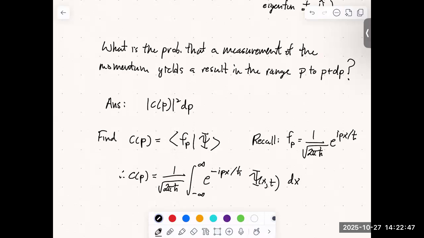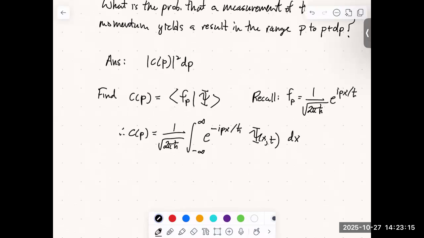And if you look at this, this looks just like the Fourier transform. So we have a function of x, and then we have some exponential involving momentum and x. And if we integrate over x, we end up with some function of p. So that's the inverse Fourier transform where we go from a function of x and end up with a function of p. Okay, so let's just make a note of that.